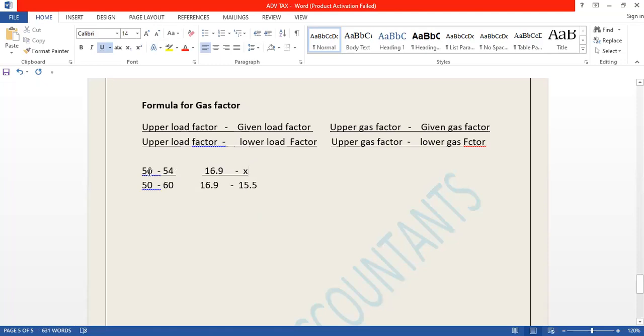So we have the upper load and the lower load together. So I'm going to need your calculator now. All we have to do now is to divide it. So 54 minus 50 divided by 10. So 4 divided by 10, what do we have? 0.4. Okay. Then how about the second one?